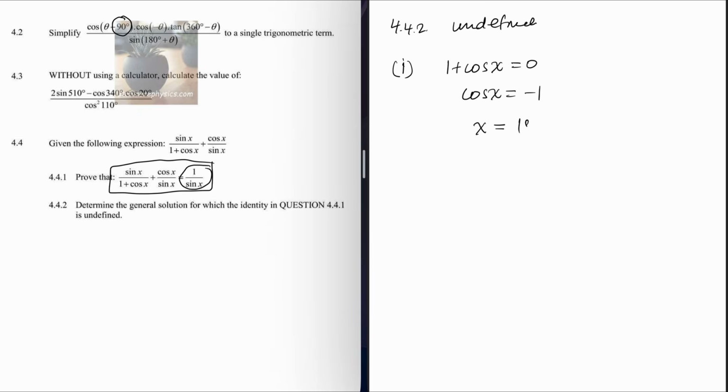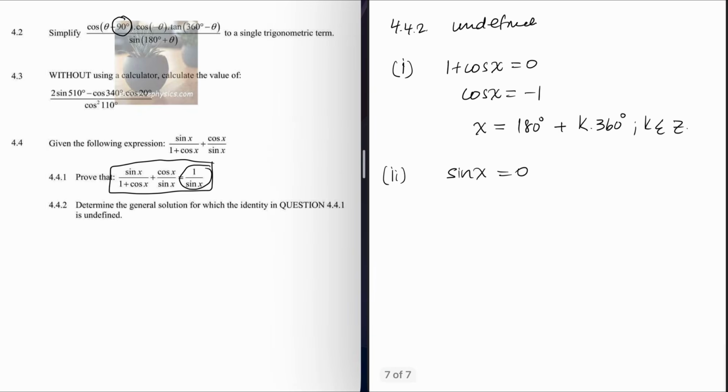So 180 degrees, and now because we've solved for the angle, we need to put plus k 360, not forgetting the k must be an element of z. And now for the second solution, we look at the other denominator, which is sine x. We'll set sine x equal to 0.